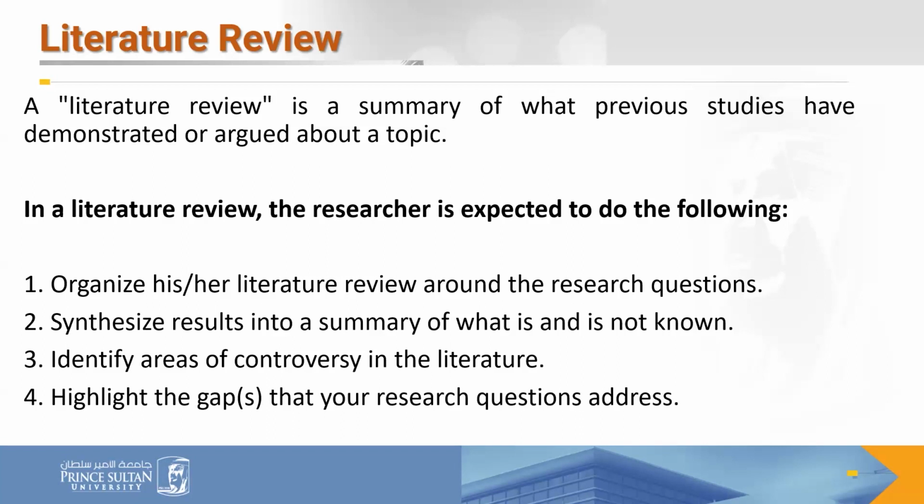You identify areas of controversy in the literature. And as we said before, when you have areas in the literature where some people are for, some people are against, this is a good area where you can start doing your research and contributing to the discussion. And also you make sure that you highlight the gap in the literature that your research question is addressing. What is it that you are contributing to?